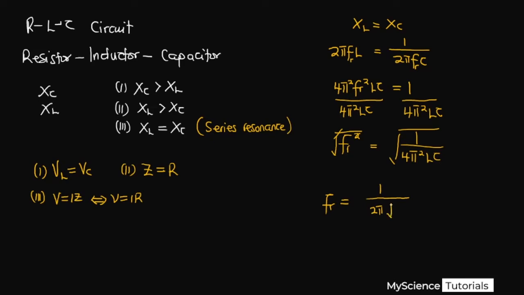Then the only thing left is the root sign being applied to the inductance and the capacitance. So this is what we get as our resonant frequency. Our FR over here is what we call the resonant frequency.